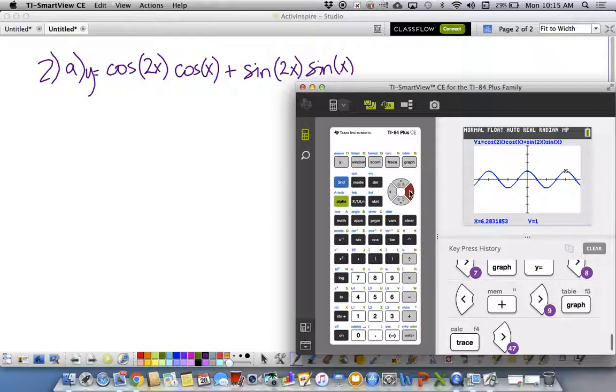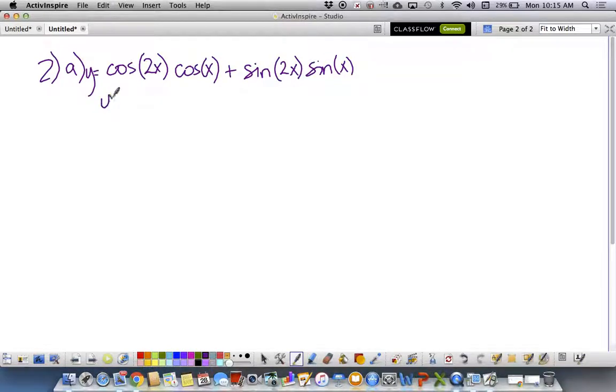A normal cosine graph is 2 pi. So what's the equation of this line? Y equals cosine x. It's a simple, exact cosine graph.